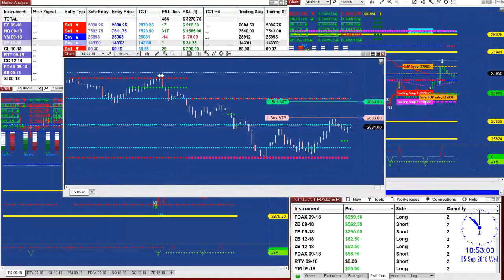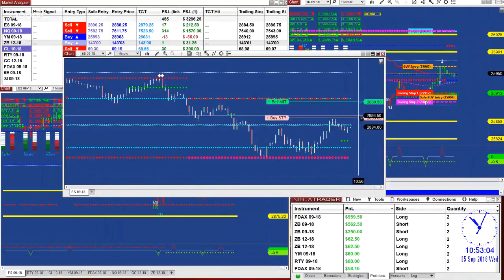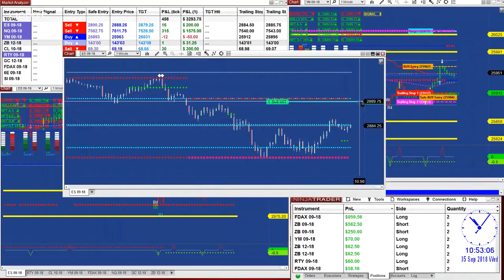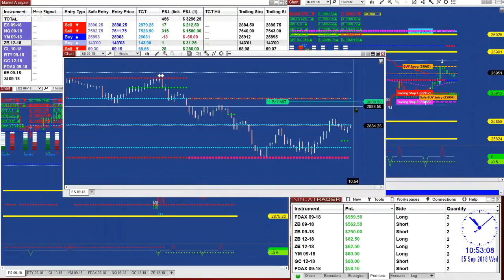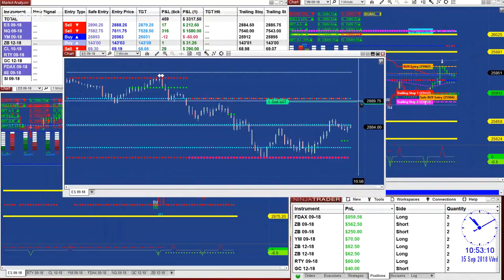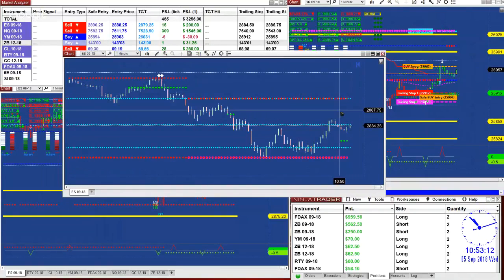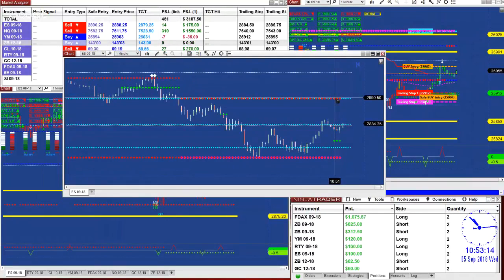Another option, if you are patient enough, as an example on the ES: now the short term is finished. The short, we just have to be patient. Once this market breaks out the 90.50, on the pullback you can re-enter.